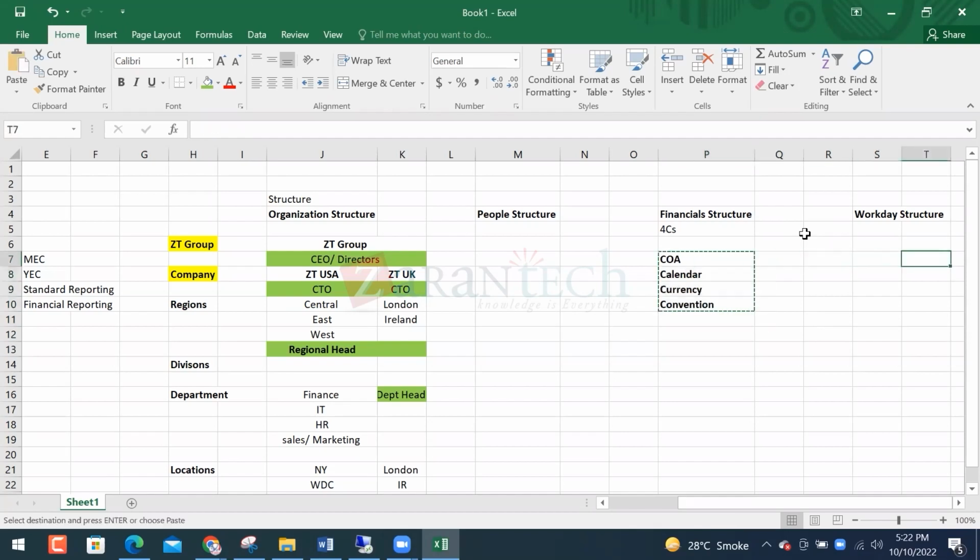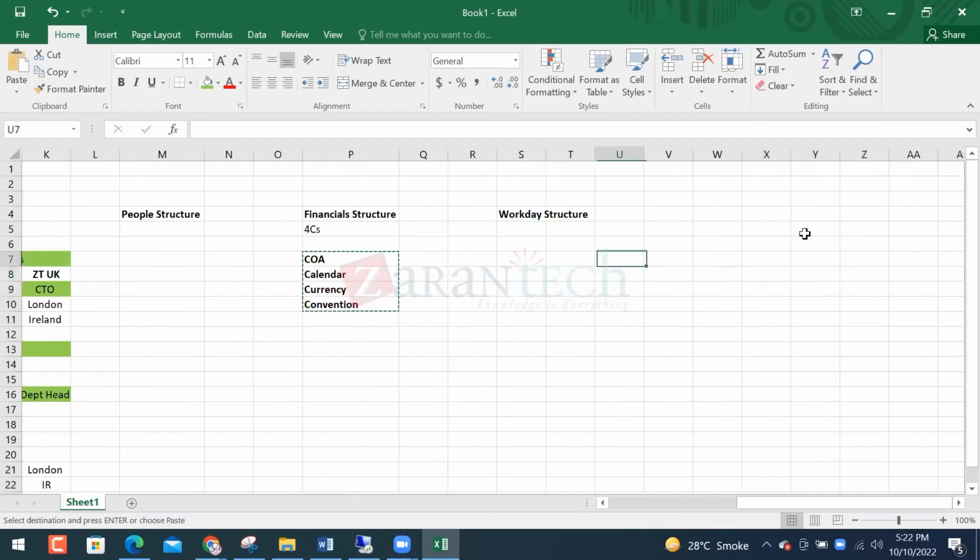If I pick this one here, what is charts of account? And yeah, Shalu, you named this charts of account. Then can you say something about what is a charts of account?